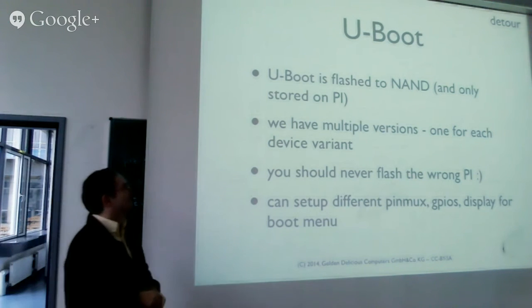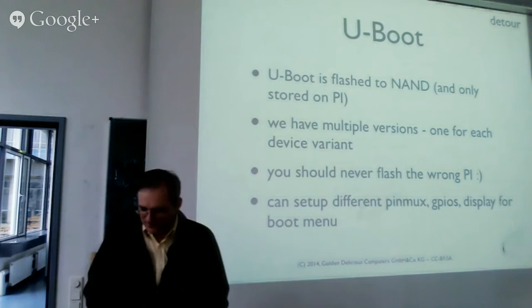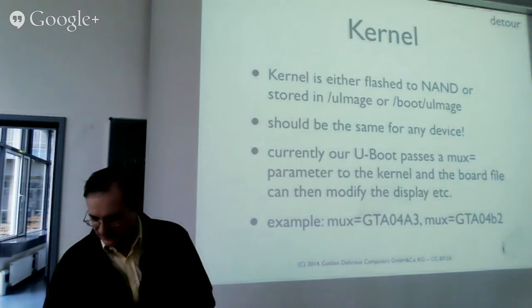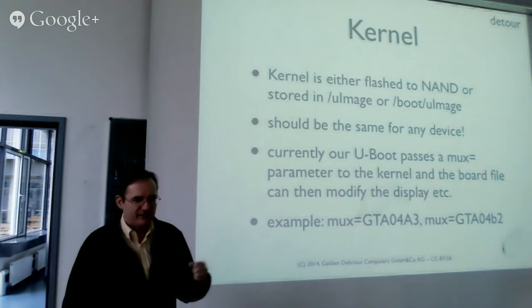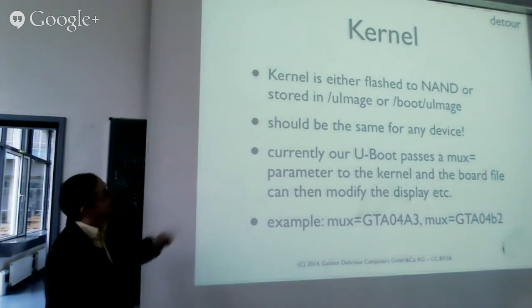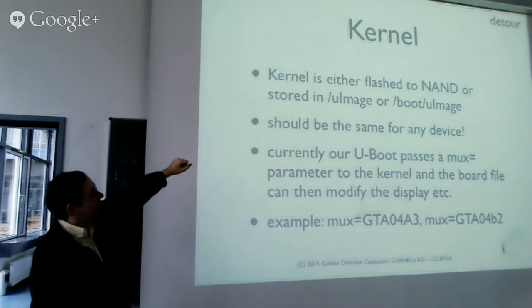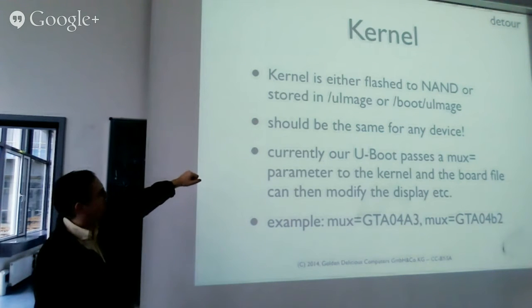Both don't exist, of course. So it should be the right one. In the kernel, we have the device tree, which helps to do that. It's either in the NAND or in the uImage or boot uImage. Should be the same for any device.